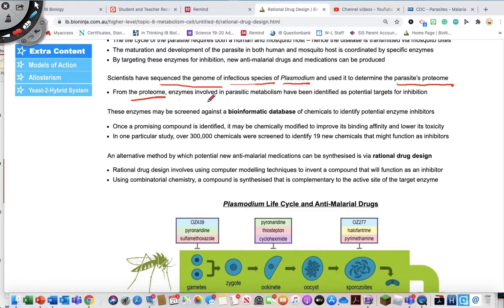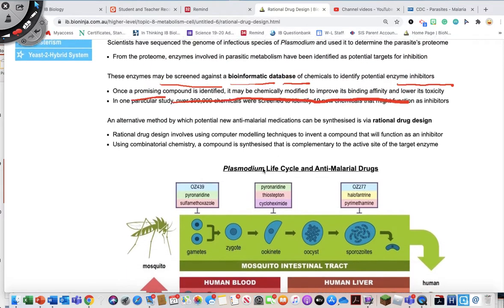For the proteome, enzymes involved in this parasitic metabolism have been identified as targets for inhibition. So if I know the proteome of this enzyme here, then I can target it with certain anti-malarial drugs to inhibit the production of the subsequent intermediates.